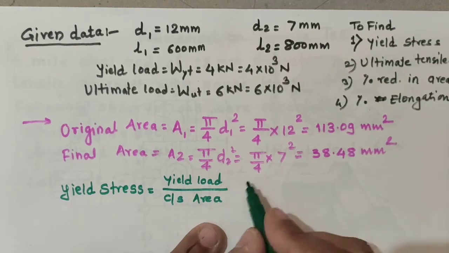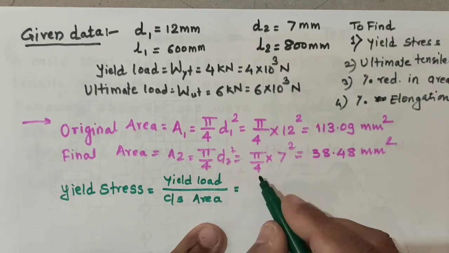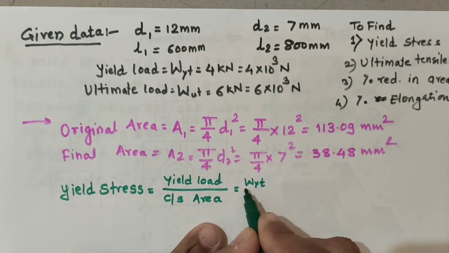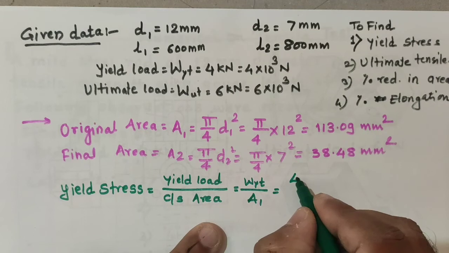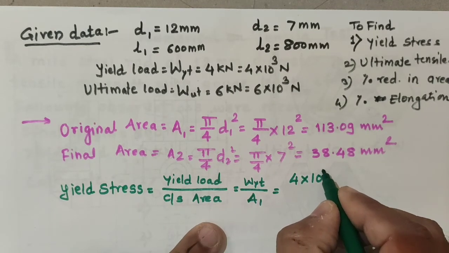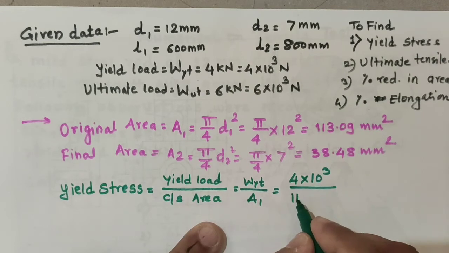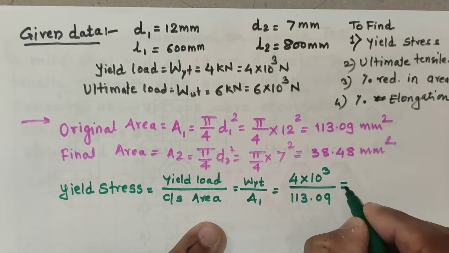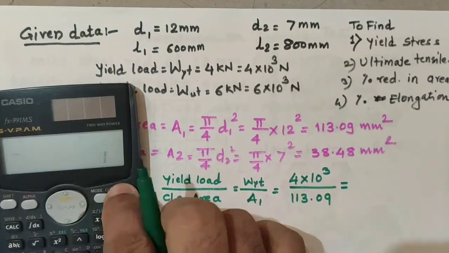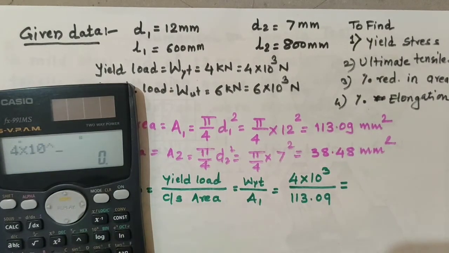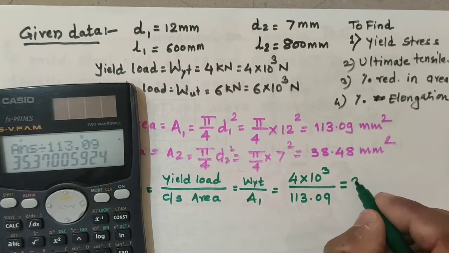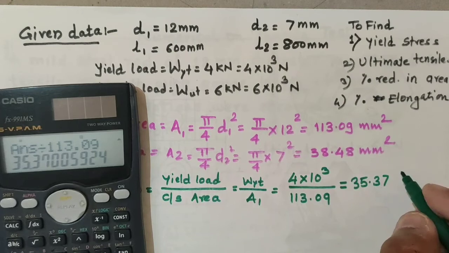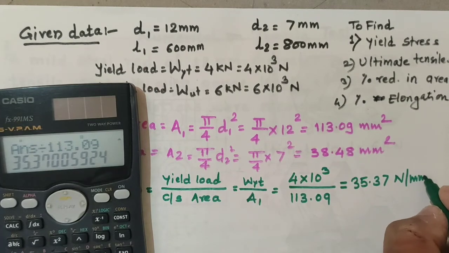So yield stress is equal to WYT upon A1, the initial or original area. So it is 4 into 10 raised to 3 divided by 113.09. So it is 35.37 Newton per mm square.